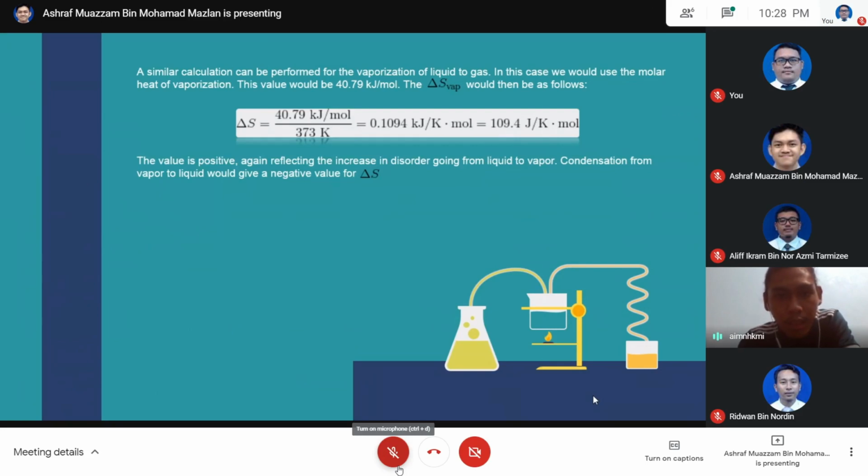So delta S VAP equals 40.79 kilojoule divided by 373 Kelvin, and we get 0.1094 kilojoule per Kelvin mole. So the value is positive, again reflecting the increasing disorder going from liquid to vapor. Condensation from vapor to liquid will give a negative value for delta S.